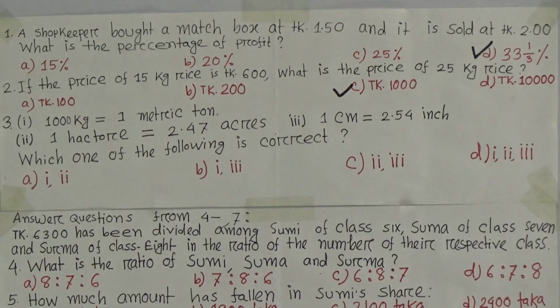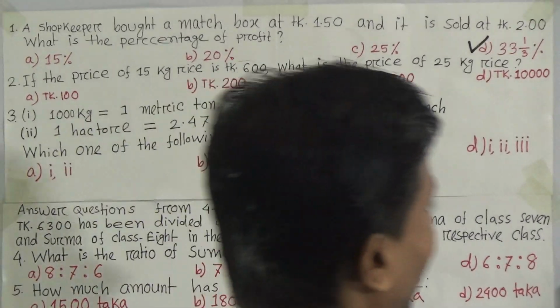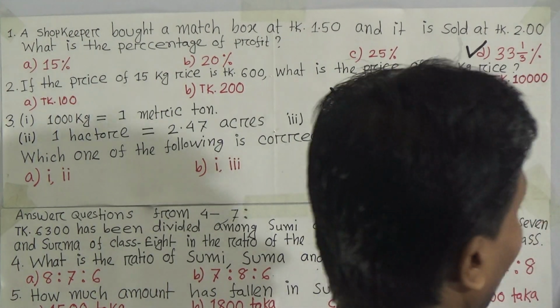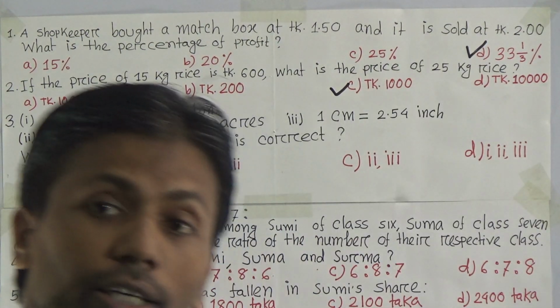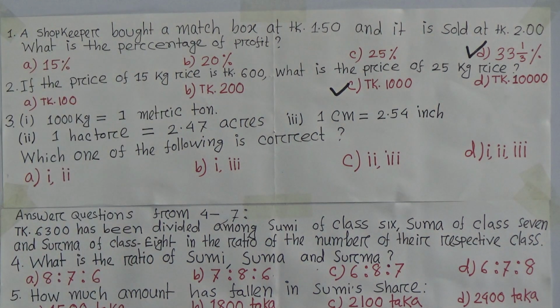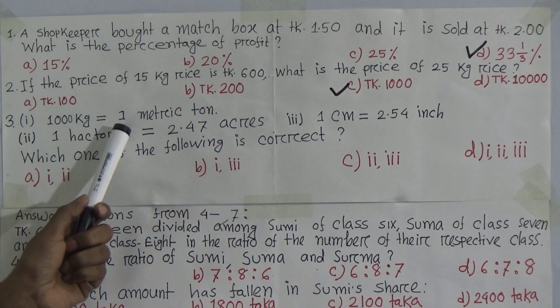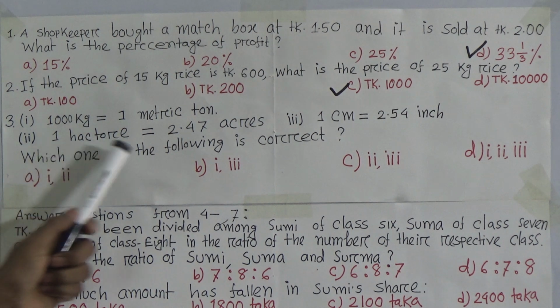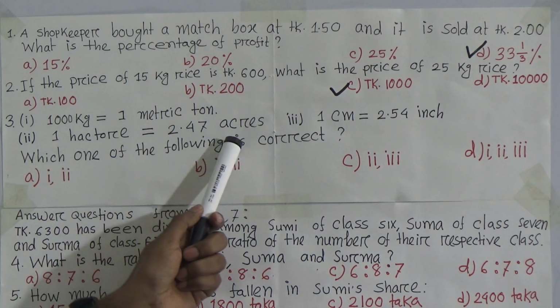Okay, dear student, you have to solve the questions very quickly, otherwise you cannot finish in your required time. Look, now question 3: 1000 kg equals 1 metric ton, obviously correct. 1 hectare equals 2.47 acres, okay, correct.